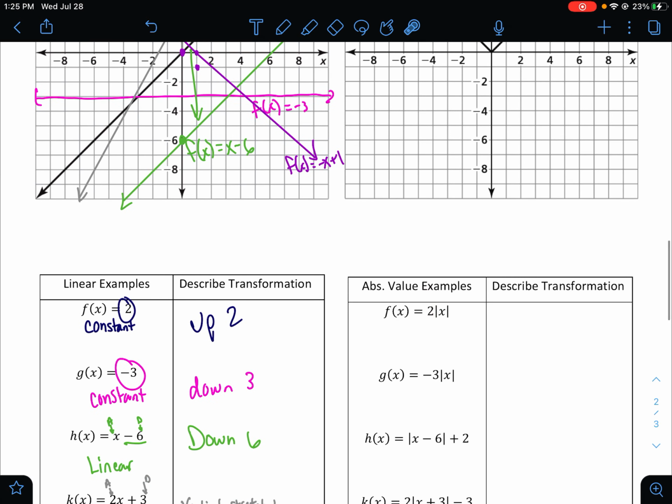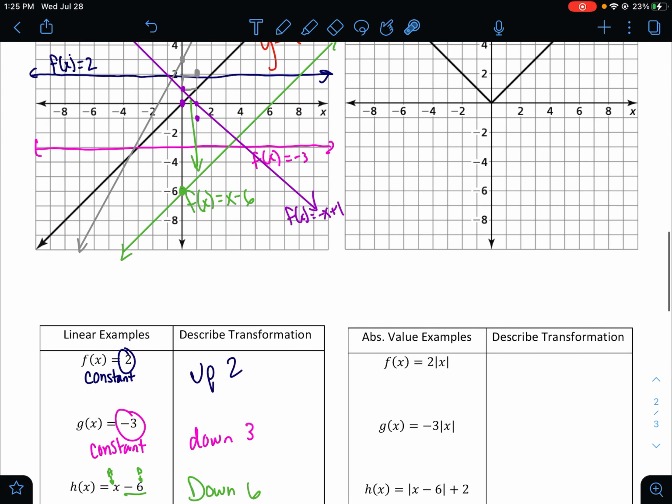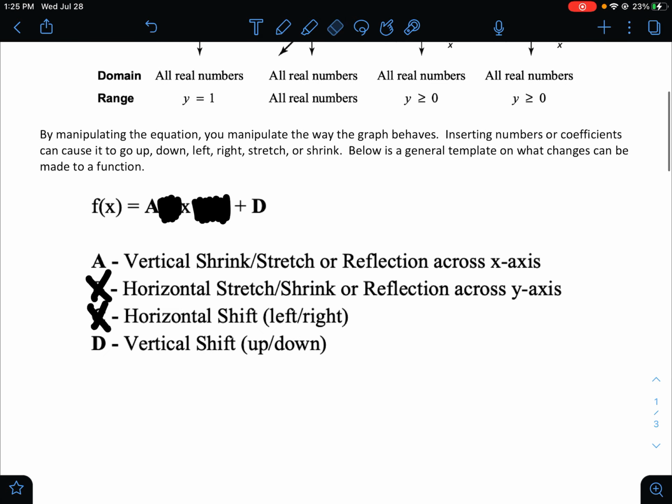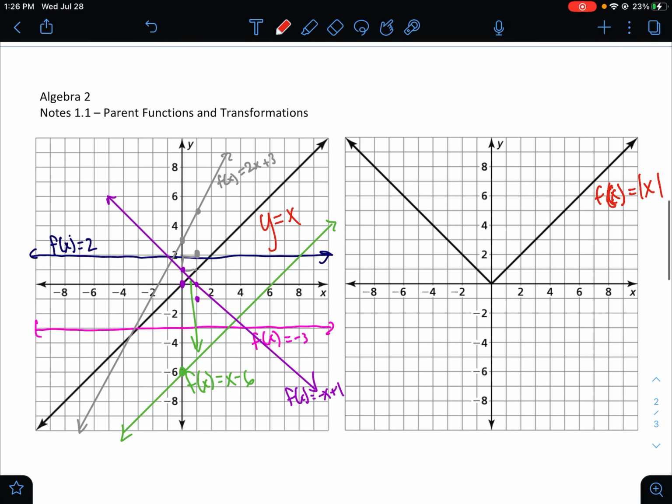Now, when we put a 2 out front, the bars will act like these parentheses. Now with absolute value, we open all of this up. So with absolute value, instead of parentheses, you have bars. But everything's open here in absolute value. Anything can happen. So it looks like in this first one, we simply just have the A, a vertical stretch or vertical shrink.